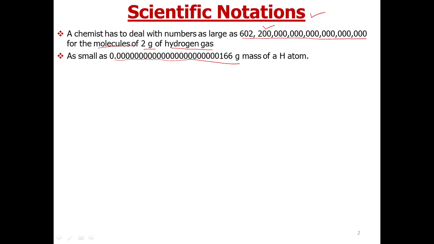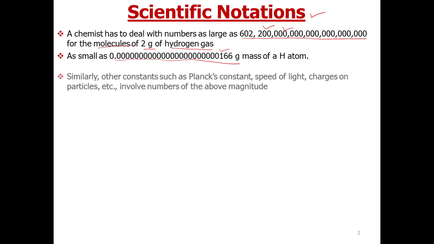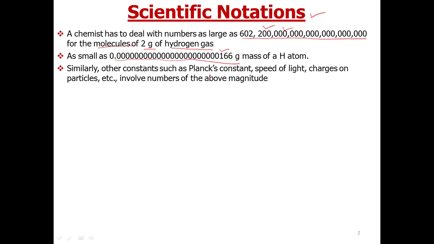So we have to deal with numbers which are either very large or very small. Similarly, there are many other constants like Planck's constant, speed of light, charges on particles, etc., which are either very large or very small in value.